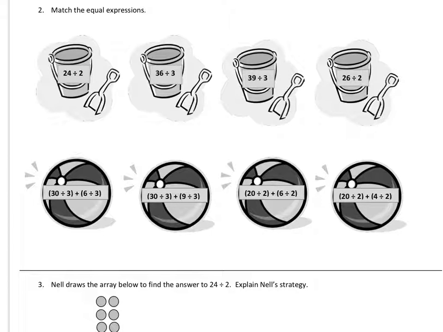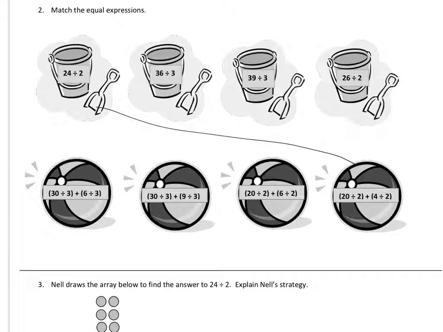So now I can just look at my 24, my 20, and 6. Well, 20 plus 6 doesn't give me 24, so I'm going to look at my other beach ball. 20 plus 4 is 24. So I'm going to match my first pail to my last beach ball. See if you can use that strategy to match the other 3 buckets and beach balls.